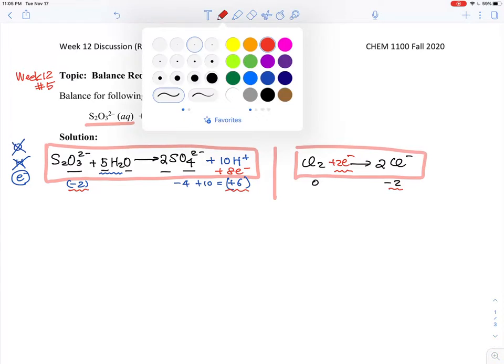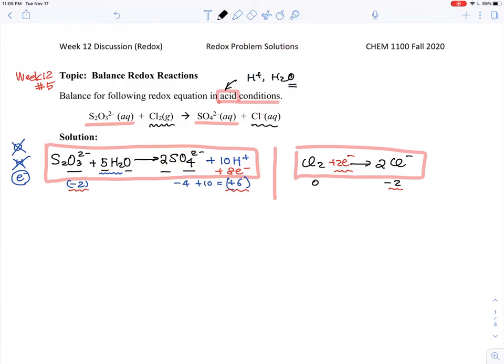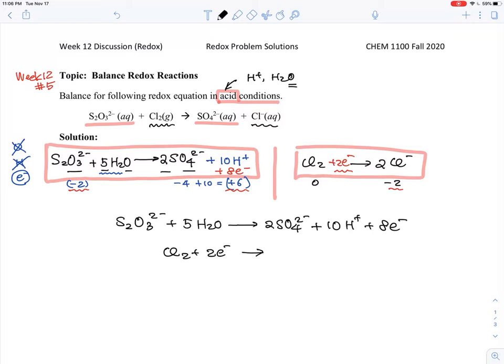But for now, I just want to write up the equation on the left once more as a balanced half reaction: S2O3 2 minus plus 5 water becomes 2SO4 2 minus and 10 H plus and 8 electrons. Okay, and the one on the right is now Cl2 plus 2 electrons becomes 2 Cl minus.